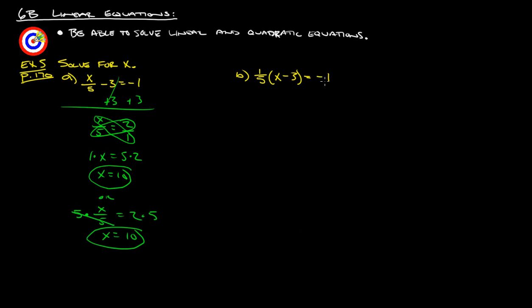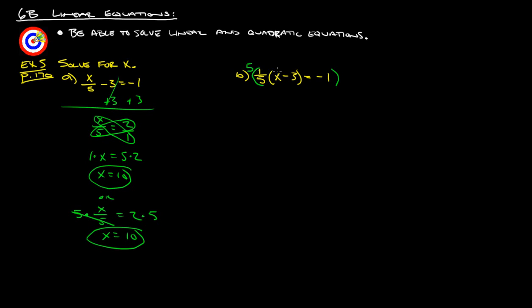Okay. This one here, there's 2 different ways to do this. One way is to distribute the 1/5 through and then move it. That's fairly painful. I think a much easier way to do this is to get rid of the 1/5. So, to get rid of this 1/5, I'm going to say, okay, how many 1/5 do we need to make a whole?